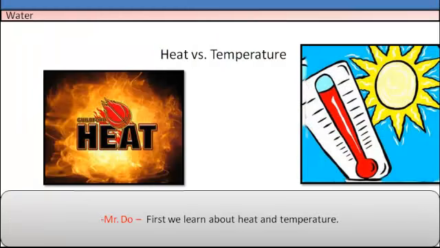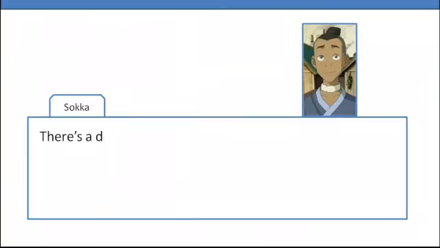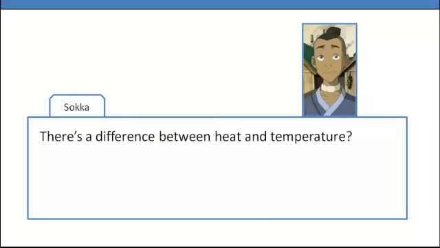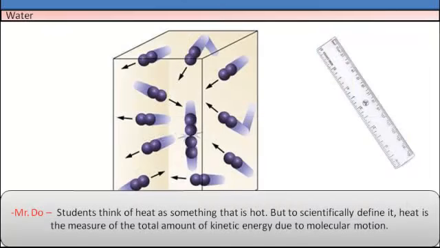First, we learn about heat and temperature. Students think of heat as something that is hot, but to scientifically define it, heat is the measure of the total amount of kinetic energy due to molecular motion.